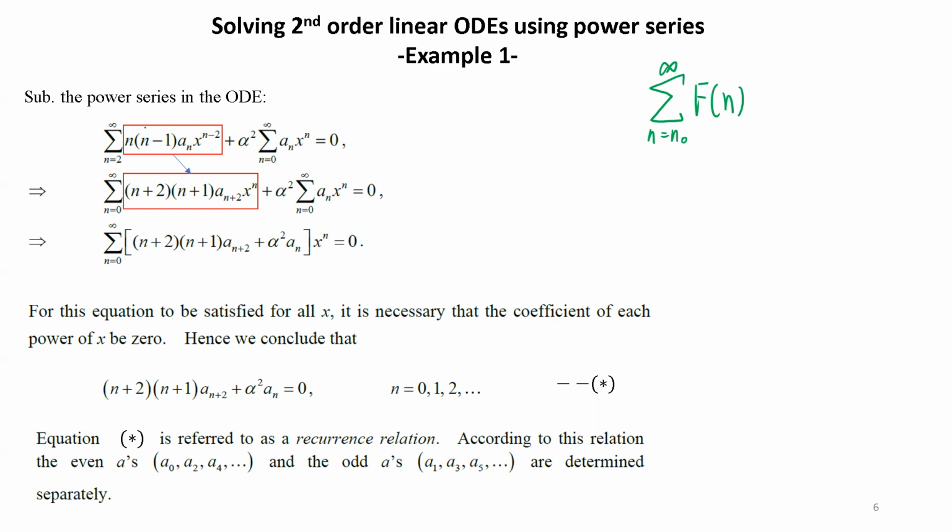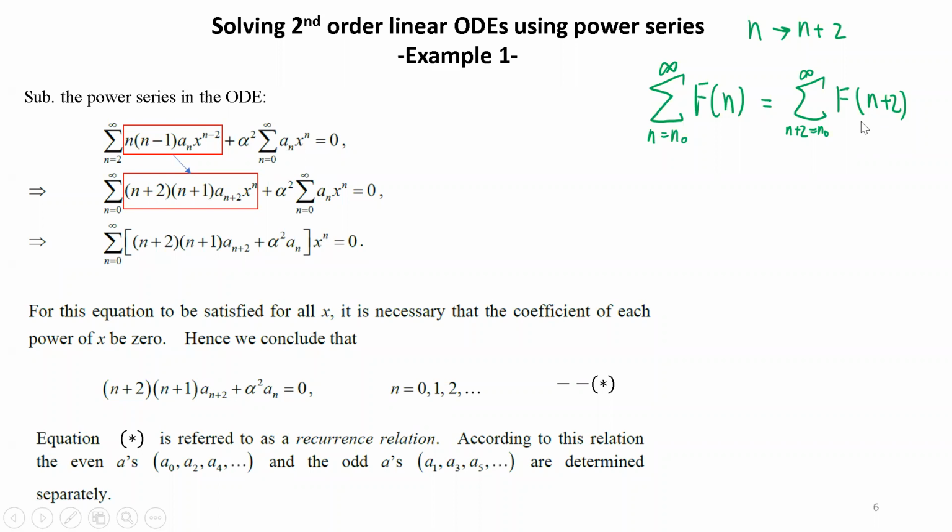Then the next step is that whenever I see n, I just replace it by n plus 2. So I put n plus 2 equals n naught to infinity, and wherever I see n in the expression f, I replace it with n plus 2. Just make sure that you understand this left-hand side is exactly equal to the right-hand side.